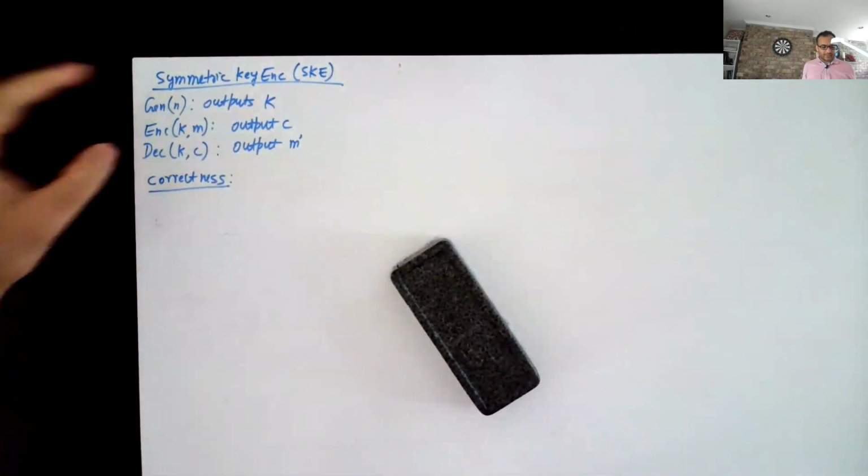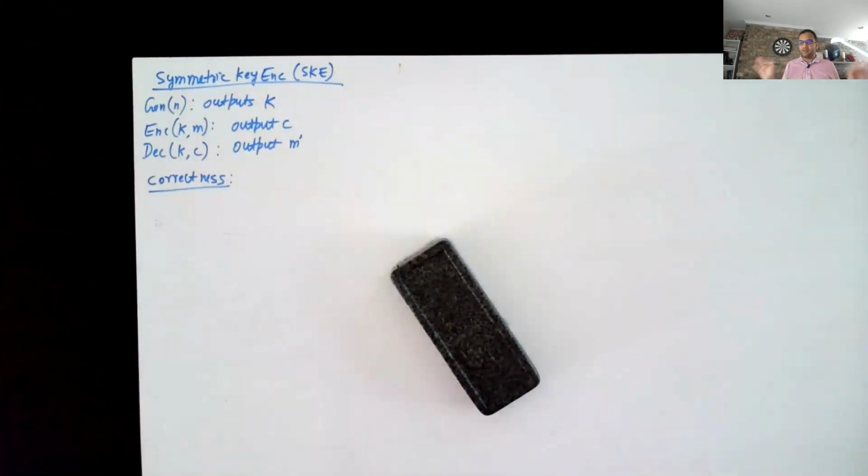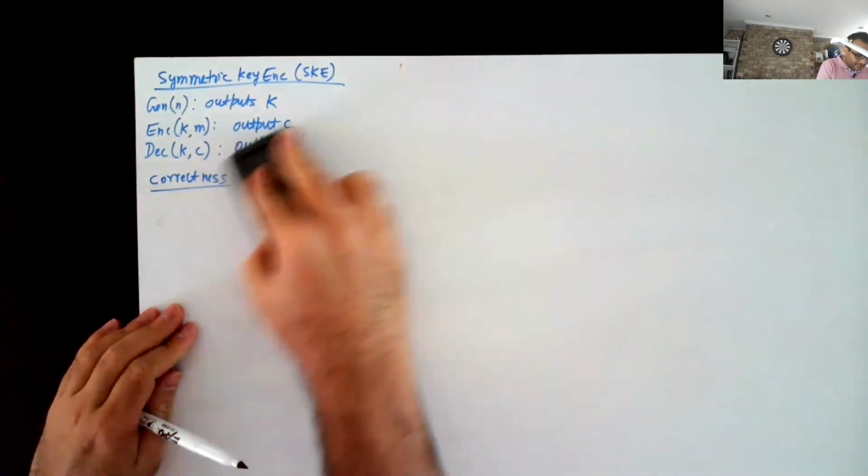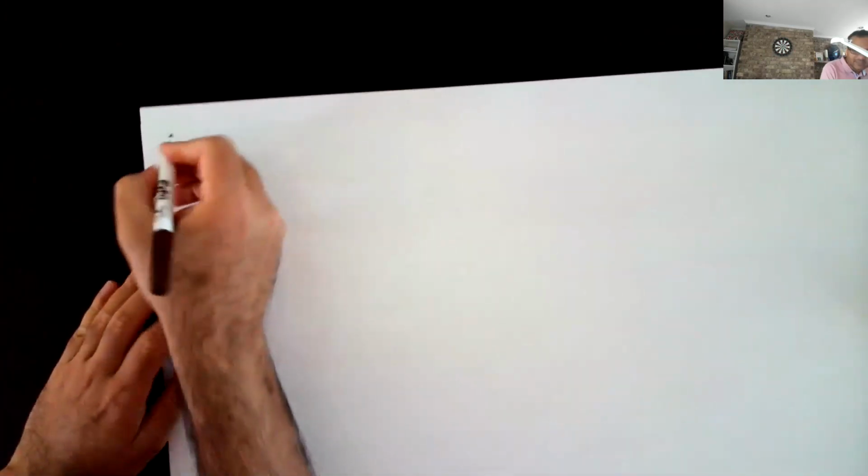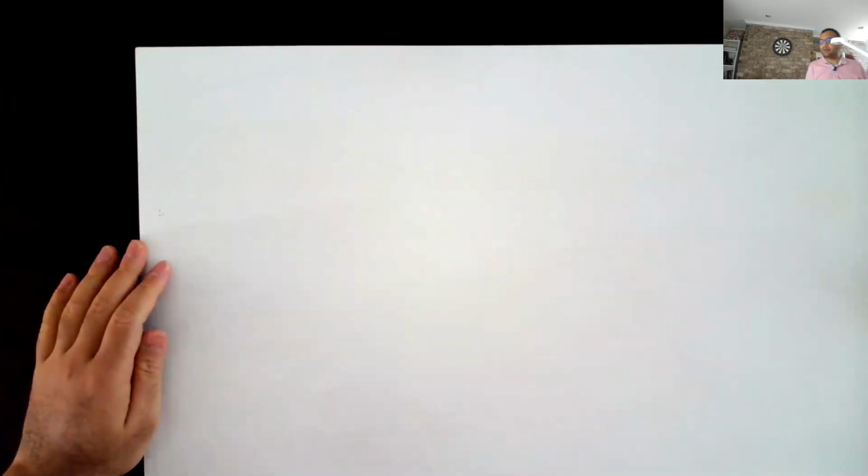Okay, so looking at this plain old definition, you encrypt once, you decrypt once, and then you start talking about security and so on. That's not what we want. So in multi-message security, you encrypt a set or a vector of messages.